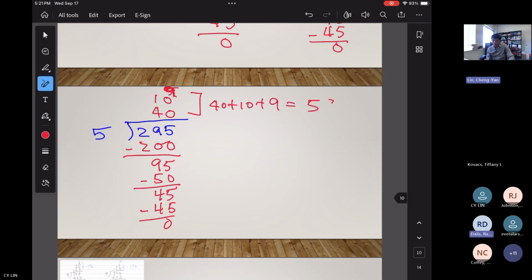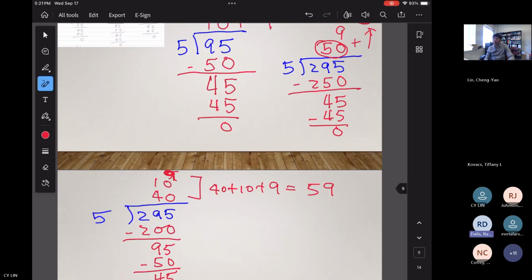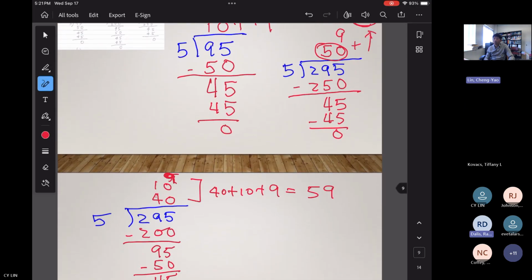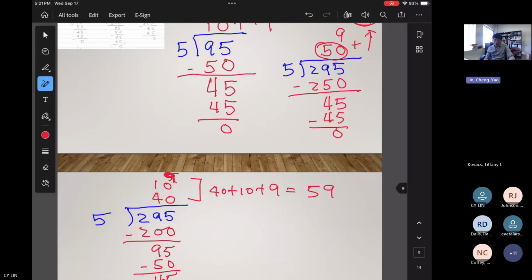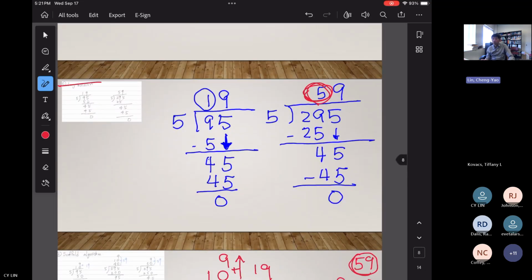I still get 59. Is it the same answer as this one? Yes or no? Yes. It's more flexible, because this one is more focused on place value, so we still can get the same answer like a long division, right?